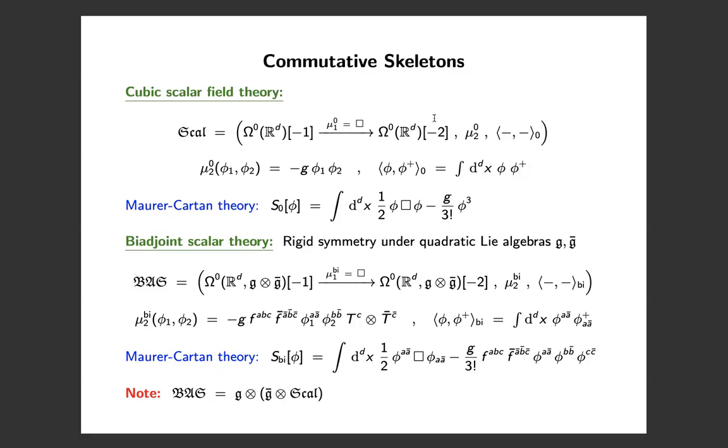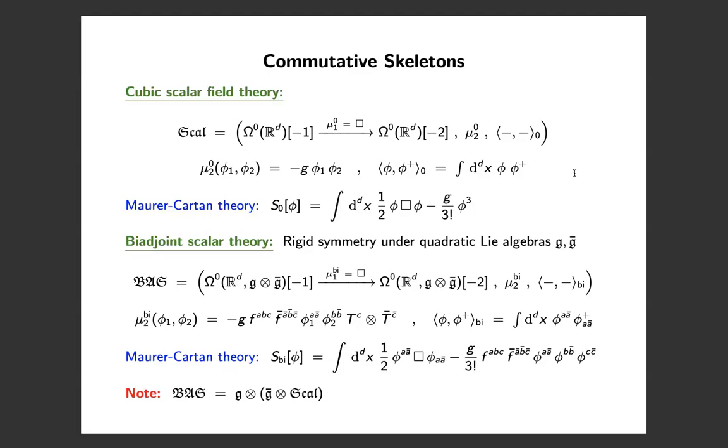So you go back to what I said about the Maurer-Cartan theory. You put this data into the formula for the Maurer-Cartan functional, and you see that it reproduces the action for massless scalar phi cubed theory, with this coupling constant inserted into the product. Probably the simplest homotopy Lie algebra you can write down for a physical theory.